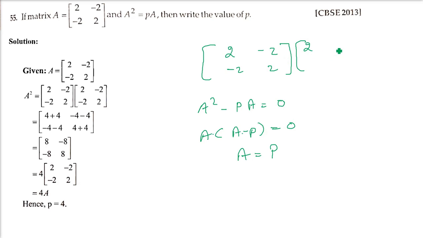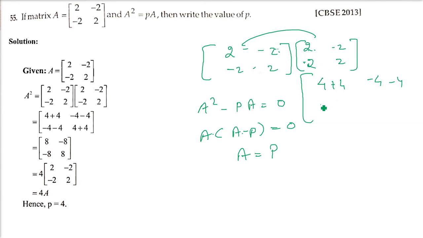But let us continue with our solution. 2 minus 2, minus 2 and 2. So we have to multiply it properly. 2 into 2, 4. Negative 2, 4 again. 4 plus 4. Now first row and second column: 2 into minus 2 is minus 4, and 2 into minus 2 is minus 4.